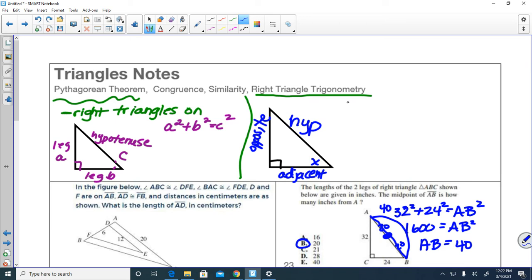Your teacher probably gave you the acronym SOHCAHTOA, and it's a way to memorize the ratios of the trig angles. SOH means that the sine of the angle, which in this case is x, is the opposite side divided by the hypotenuse.